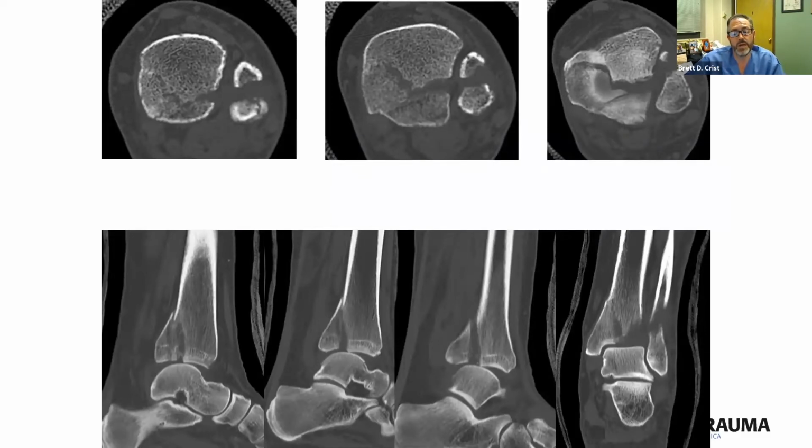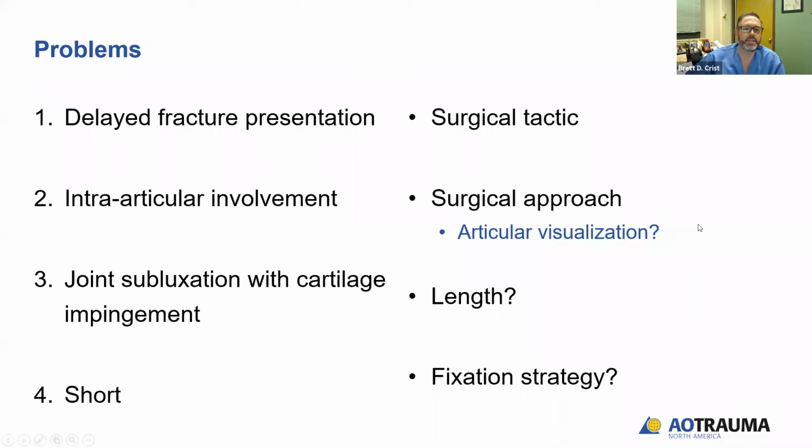When he saw them, you can see that there's some callus formation right here, and then starting to form here, and just the challenges of dealing with this fracture. They're hard enough to deal with acutely, but these are the things that you need to think about. How do you see the intra-articular involvement, the joint subluxated with cartilage impingement?